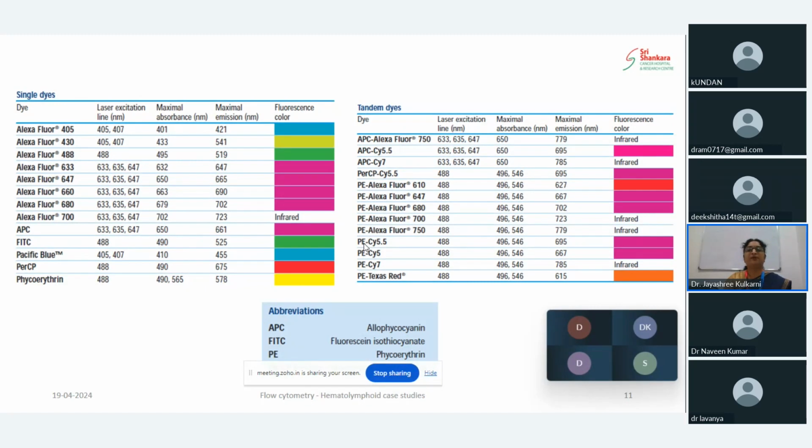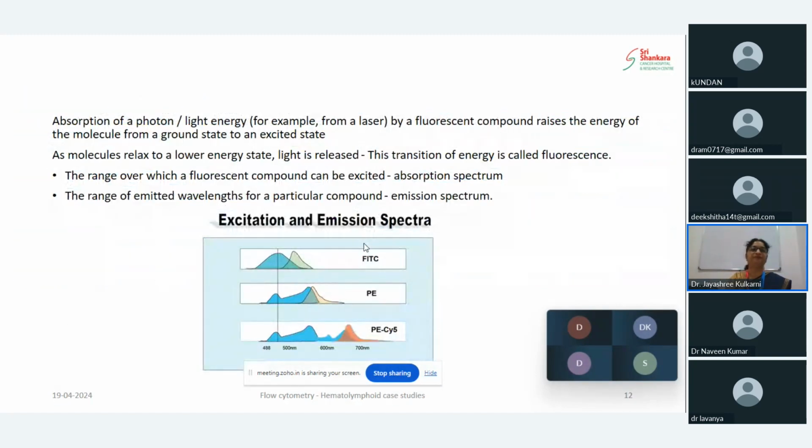What we should remember is that the stronger the fluorescence, the more you can tag it to an antibody which is very dim. So a dim antibody should be connected to a brighter fluorochrome, whereas for an antibody which is in excess, you can use a very dim fluorescence. That is the basic principle.